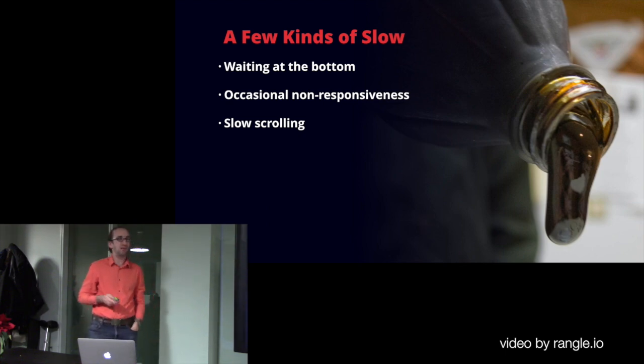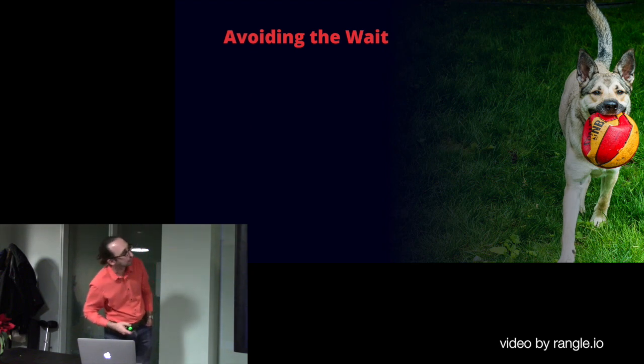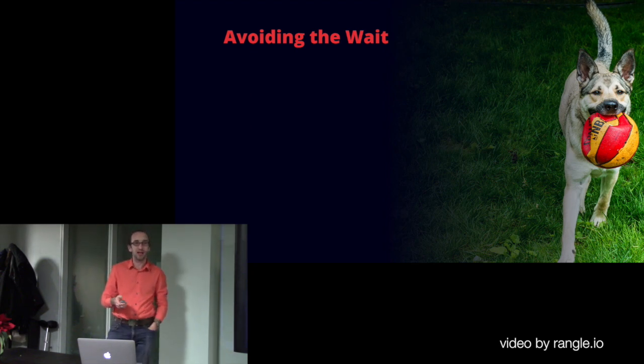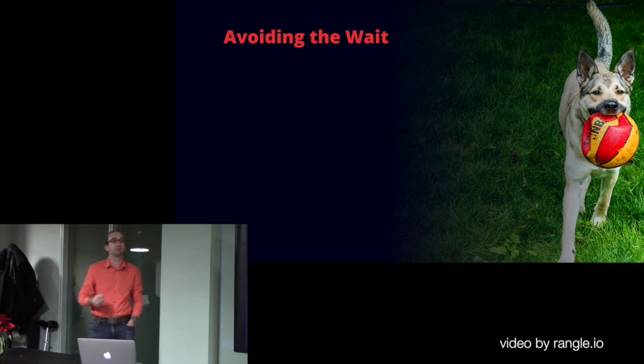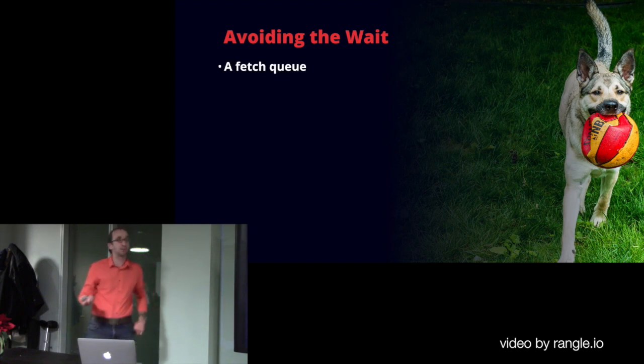So the first thing that we started looking at was this waiting at the bottom. So again, you scroll down to the very bottom, to the end of your available data, and then at this point your application goes to fetch more data, and you end up waiting until the data comes back from the server. So that was an easy fix. Really, what we ended up doing there is adding an asynchronous fetch queue.